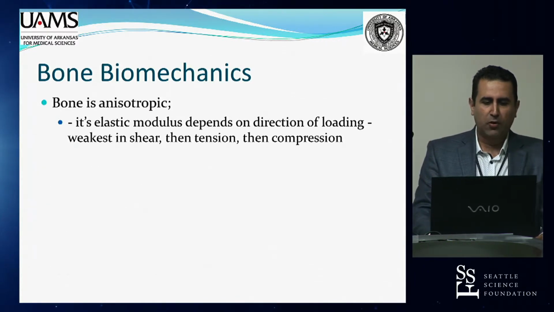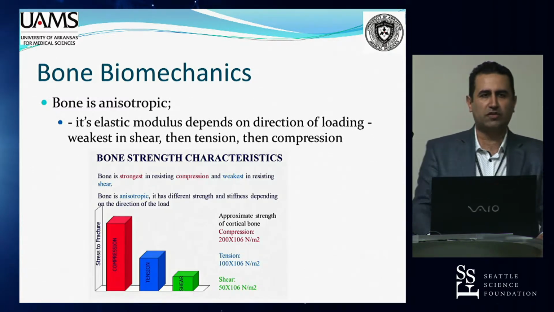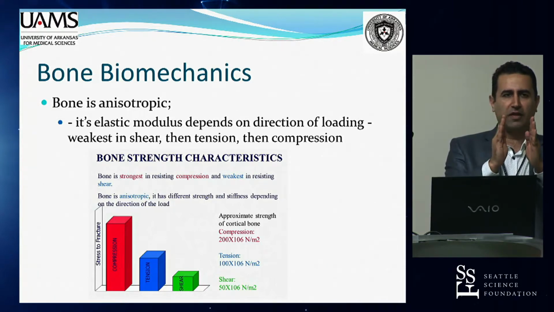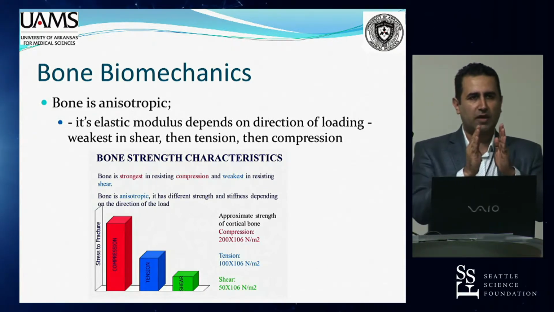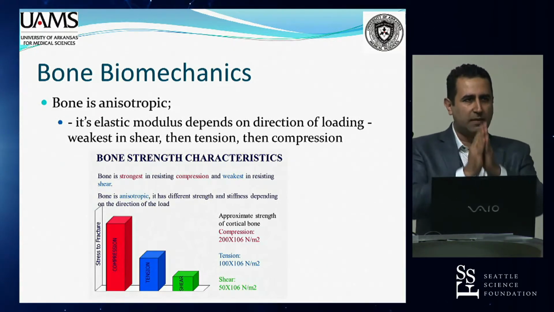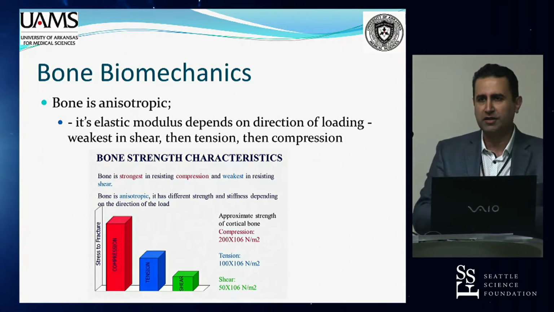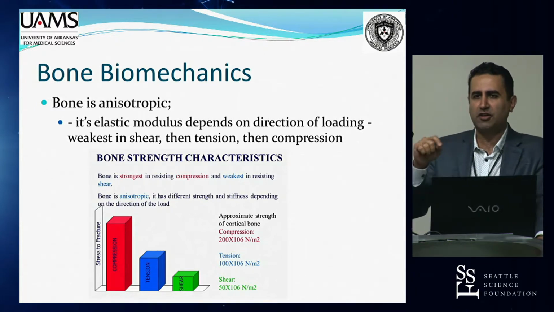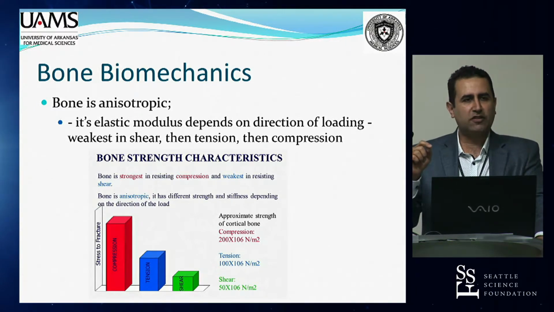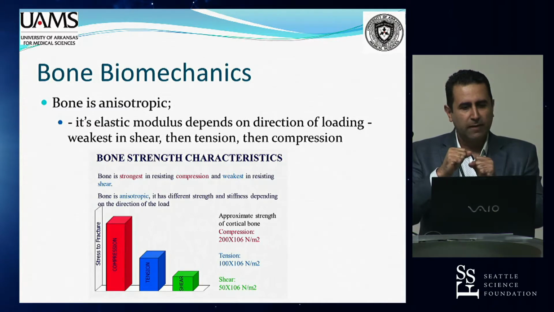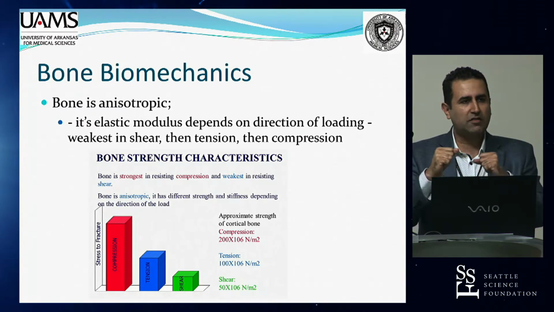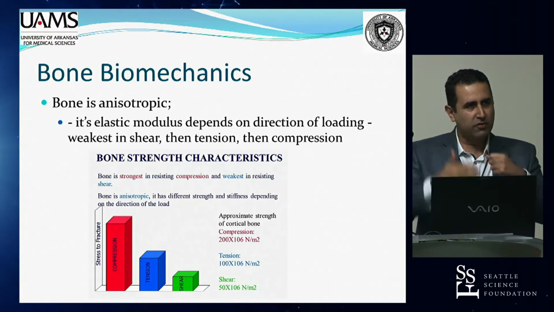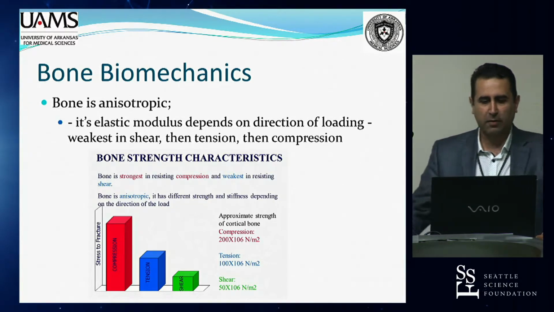So what about bone? Bone is interesting because it has fibers within its cancellous structure that are aligned in a particular way, typically in this vertical orientation, craniocaudal. So the elastic modulus actually depends on the direction of how you load it. It's weakest in shear, then in tension, and it's strongest in compression because of the vertical orientation of those trabeculae in the cancellous part.